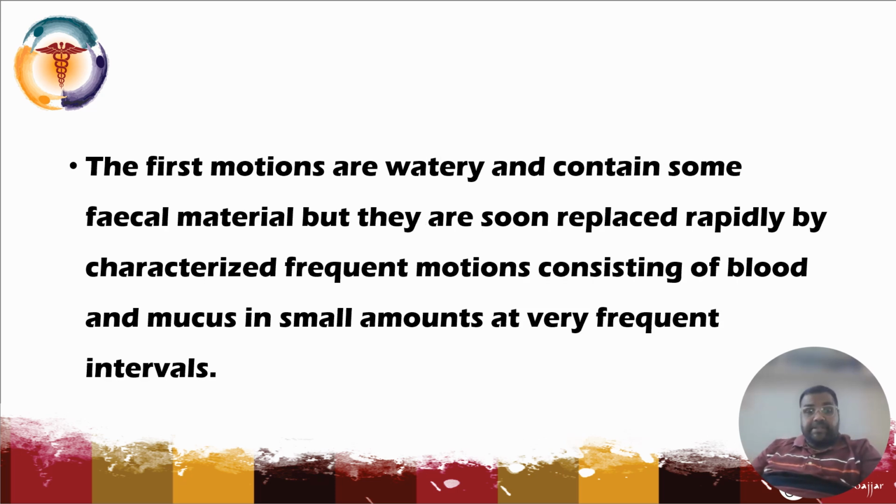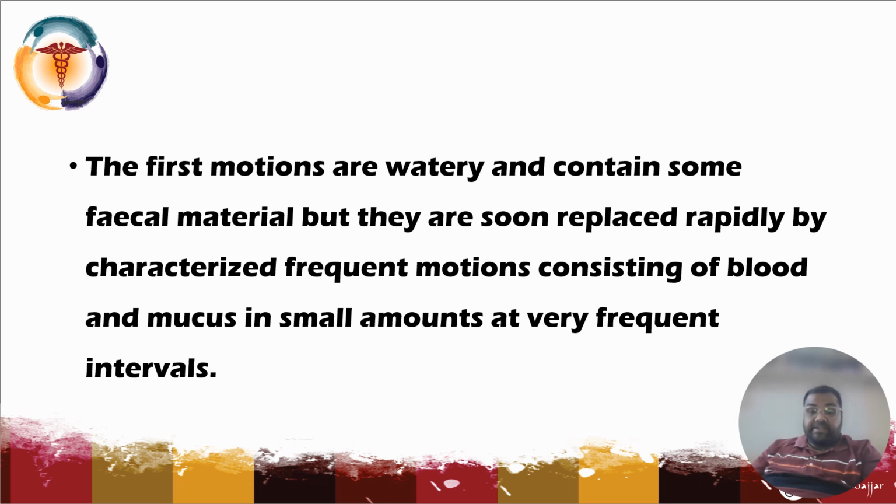The first motions are watery and contain some fecal material, but they are soon replaced rapidly by frequent motions consisting of blood and mucus in small amounts at very frequent intervals. Right? So this is the progress of the dysentery.